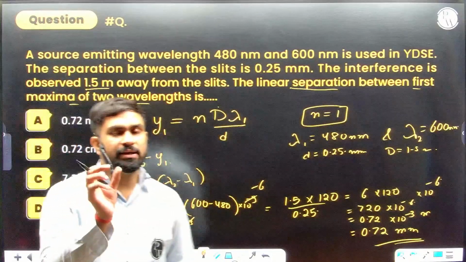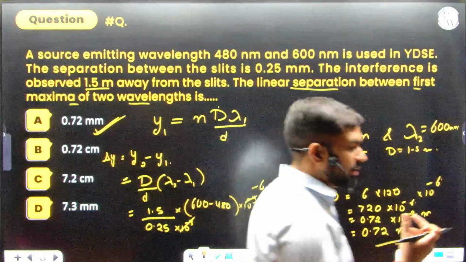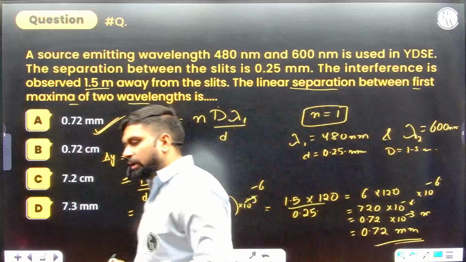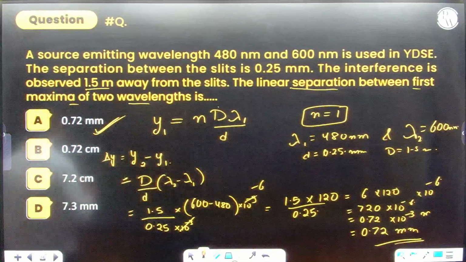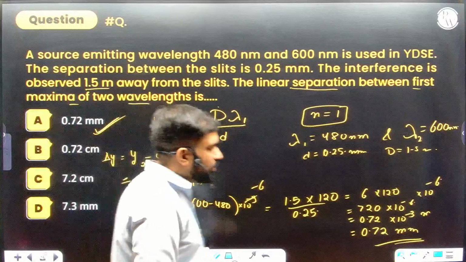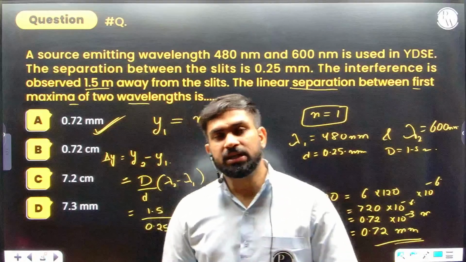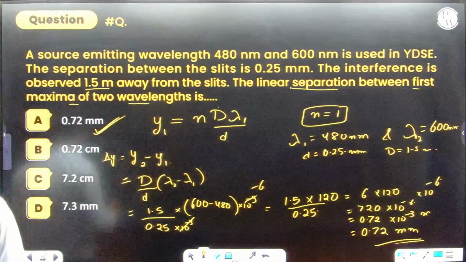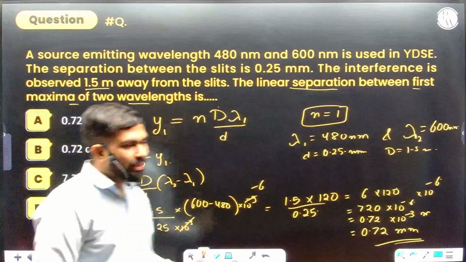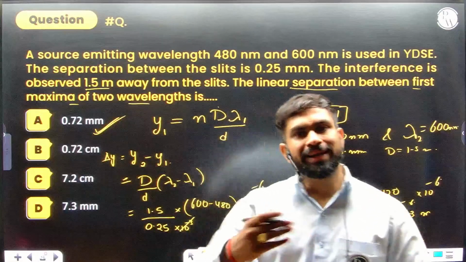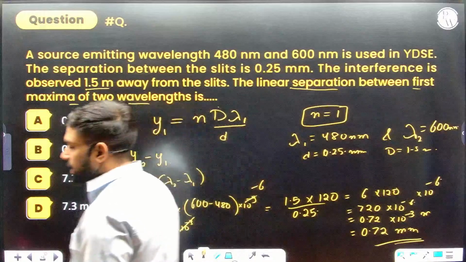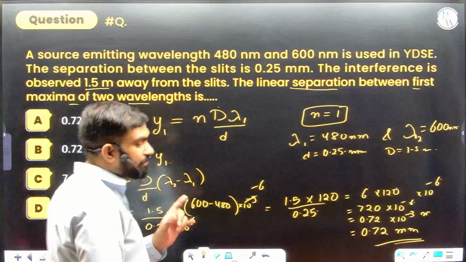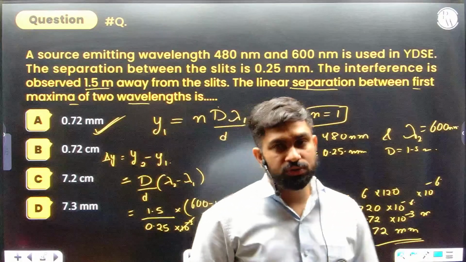It's just that lambda by a format, where a is the width of the slit. In polarization, we should remember Malus law. In Malus law, we discuss the axis of polarization, the angle between the axes of polarization, the use of polarizer and analyzer, and how the intensity changes. Also, if you know polarization, it is useful in electromagnetic waves too.